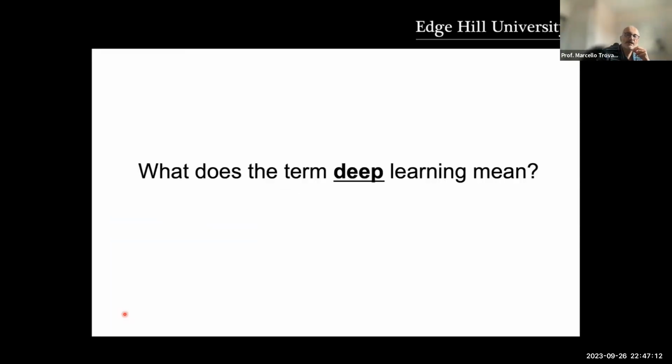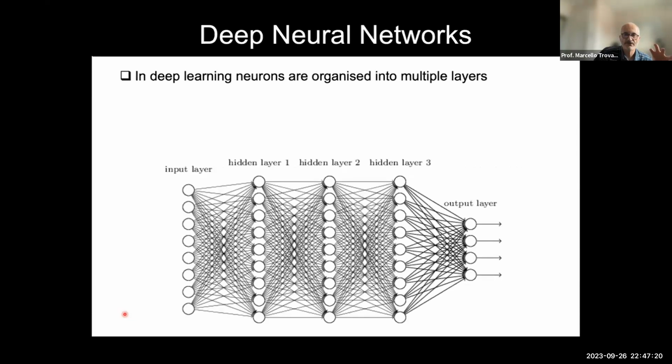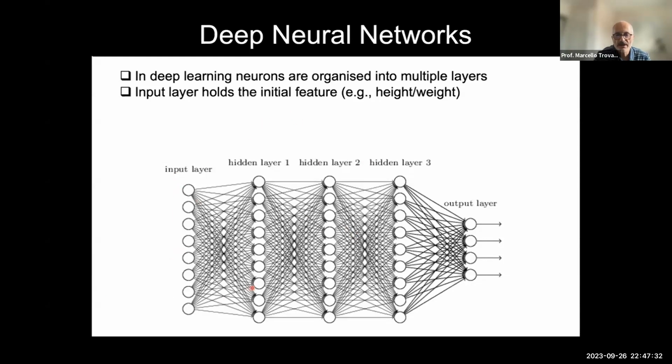Another term that is widely used is deep learning. What does it mean in very simple terms? It's fairly straightforward. We have loads of layers. If you think of the general feed-forward neural network, we have some layers.